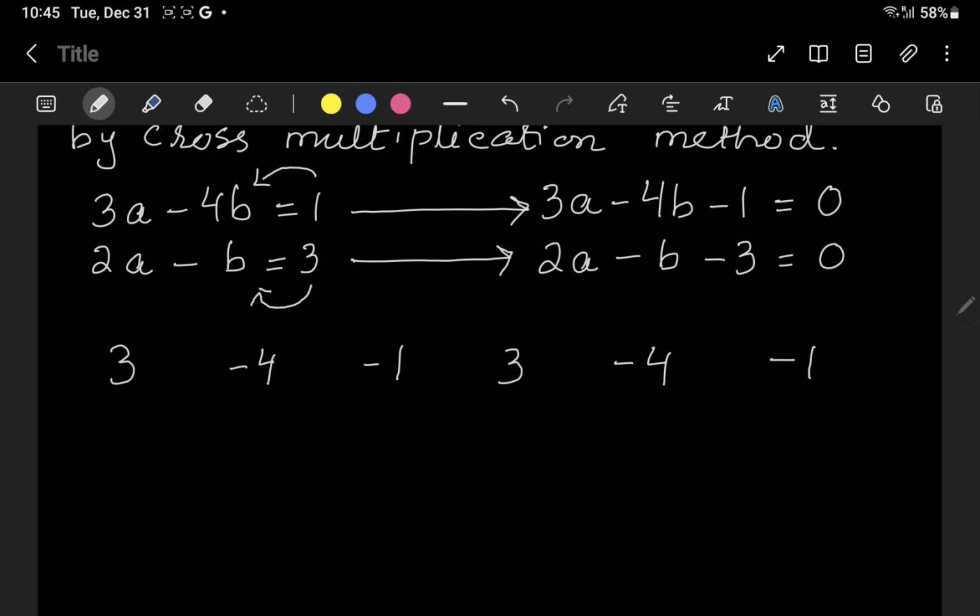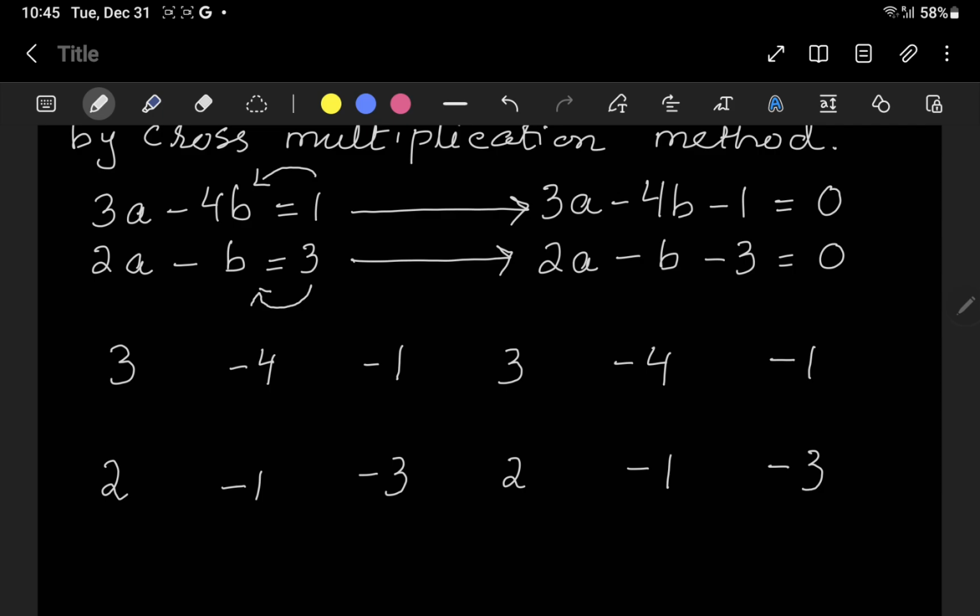Now for equation number 2, the coefficients: 2 comes down here, with a distance we write 2, the second term is minus b so its coefficient is minus 1, next minus 3. Again we repeat these numbers here, 2, minus 1, minus 3.